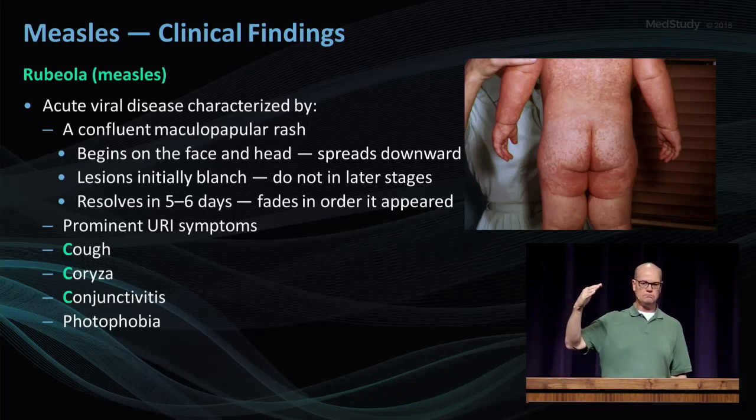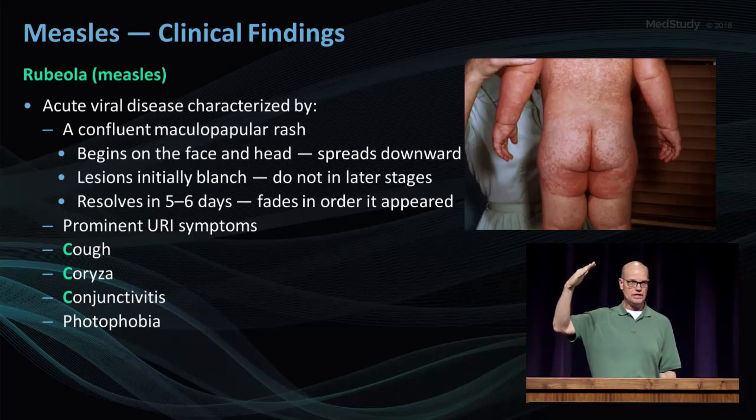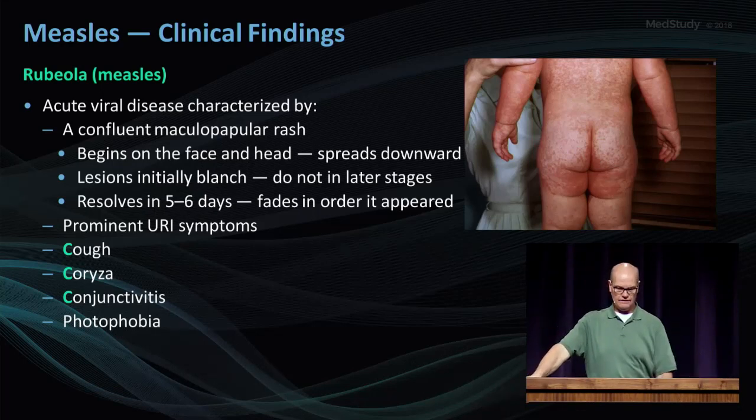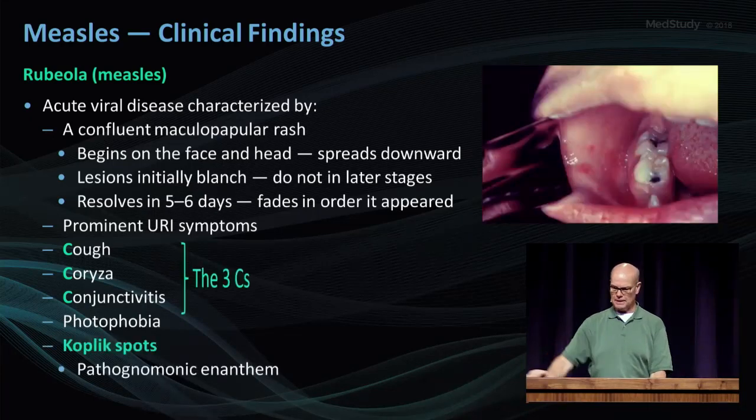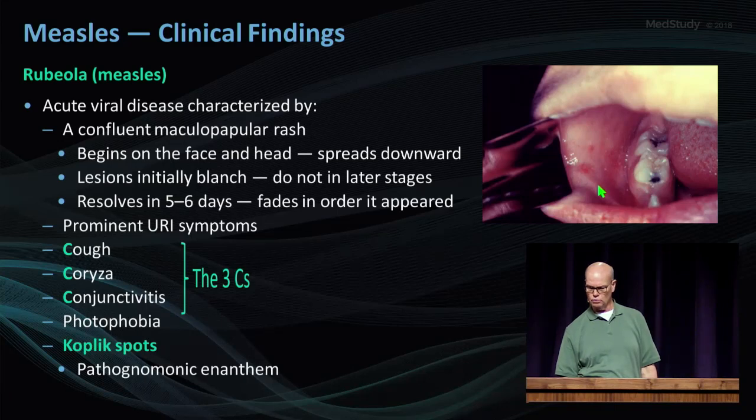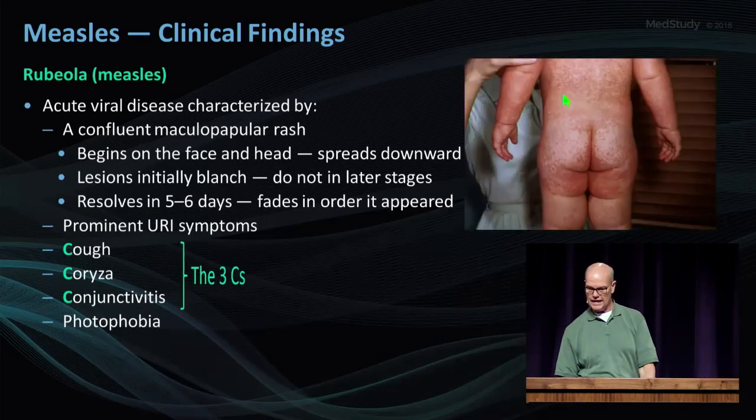Again, as was mentioned prior to this lecture, it's from head to toe and usually resolves after 5 to 6 days. If you're asked about Koplik spots, this is what they look like. You rarely see them because they're gone by the time the rash breaks out. And the rash is typically described as confluent, somewhat papular, and begins in the head, moves down towards the toes.